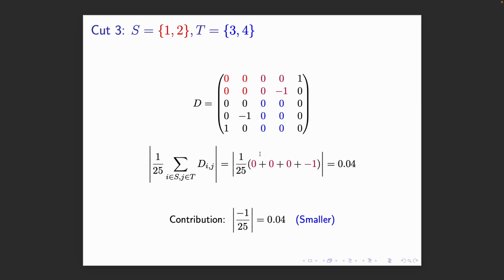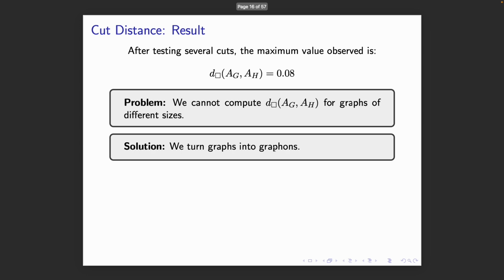We're trying to maximize, so this is not the distance between the two graphs. However, you might notice, as I was saying before, every time a new node is added to the graph, the actual dimensions of the adjacency matrix change. So this metric doesn't work for graphs of different sizes, and we have a solution.